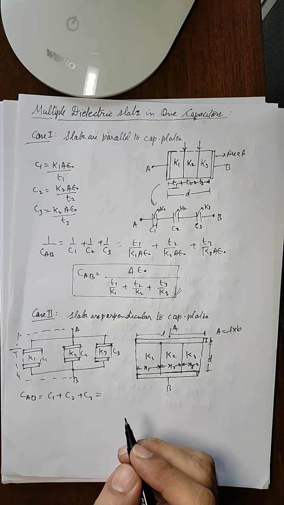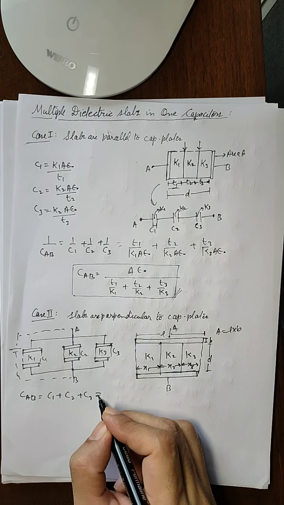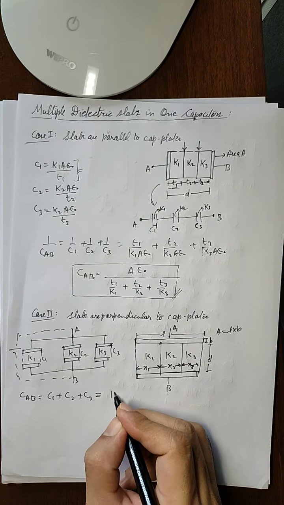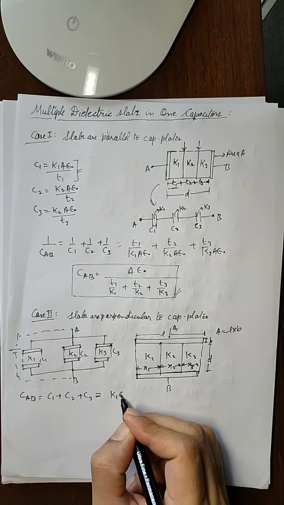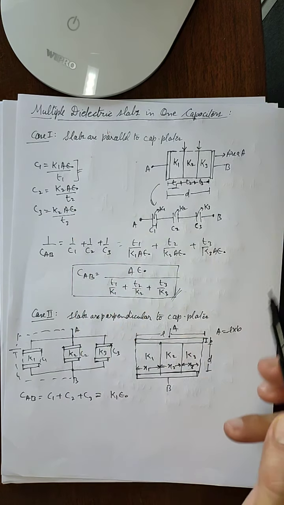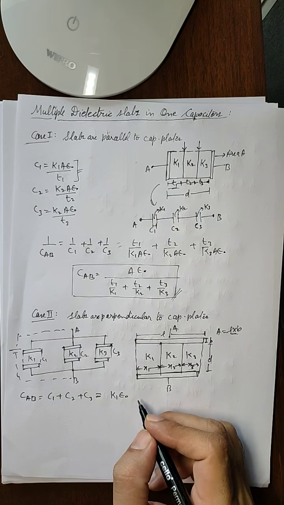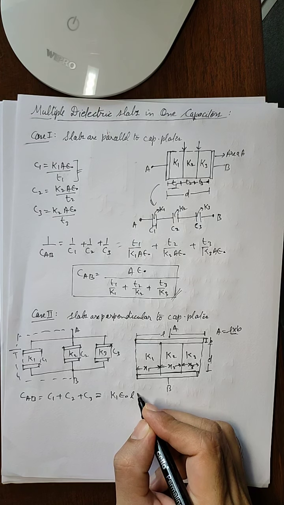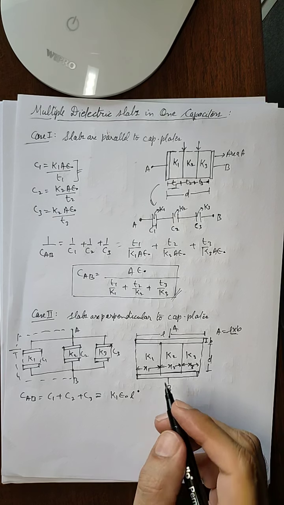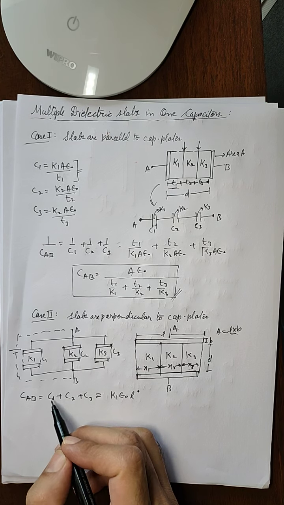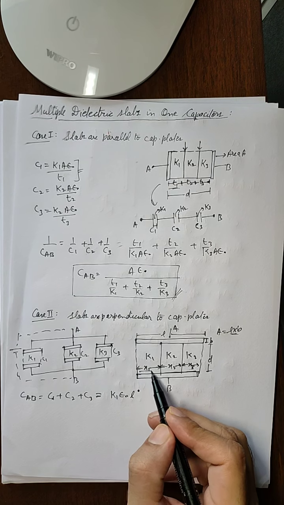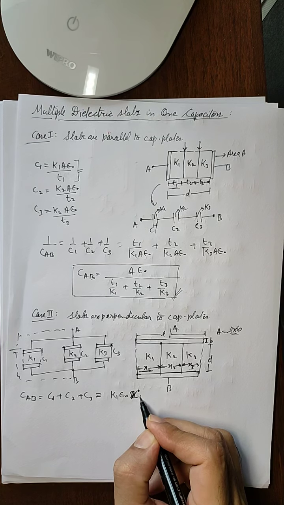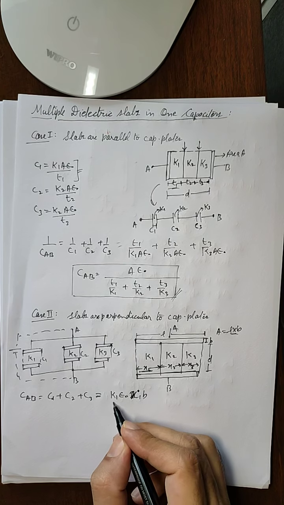Now C1 will be equal to, we will use the same formula, so K1 epsilon naught, and instead of A we will write L into B. For C1, L is equal to x1, so I'll write x1 here so that we don't have to solve it later.